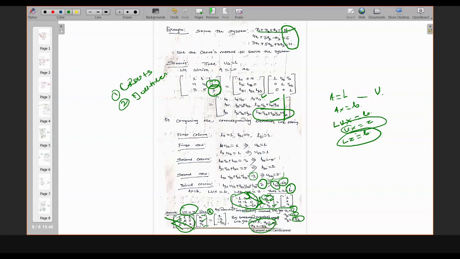You can find some examples related to the questions which I discussed today, and in the previous class I also discussed the Gauss elimination method. So this is about the LU decomposition method. Next we can go for another technique.